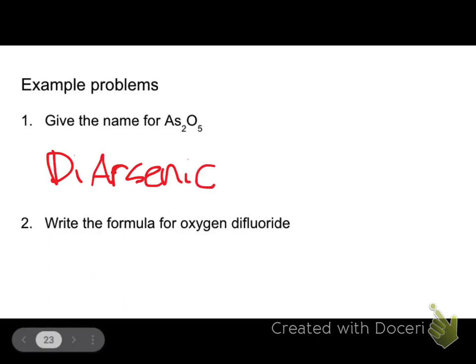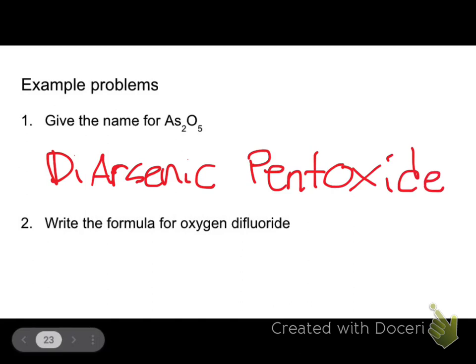And then we need a prefix to mean 5, which is penta. But we're going to cut off the A at the end of penta because we have an element that begins with a vowel, so pent-ox. And then we are truncating oxygen and turning it into oxide. So diarsenic pentoxide.